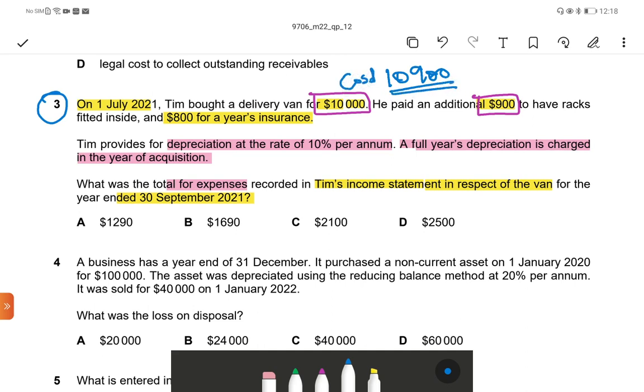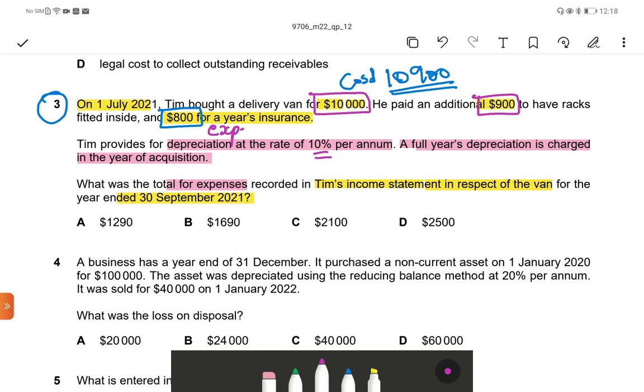Then they have paid 800. This is an expense. Tim provided depreciation of 10% per year. A full year's depreciation is charged. Depreciation is always charged on the cost. So depreciation plus expense will be included as the total expense in the income statement.